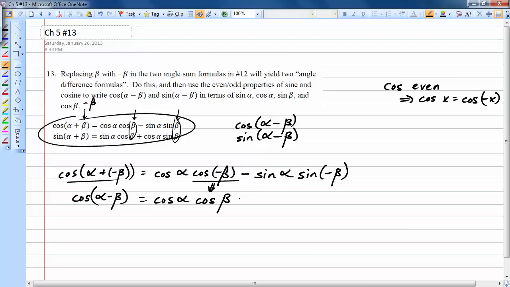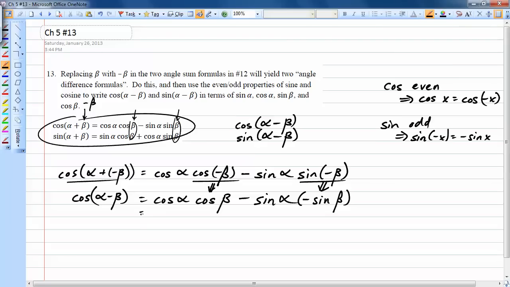Then I've got the minus sign, sine alpha, and sine of negative beta is the same thing as negative sine of regular beta, because remember, sine is an odd function, so sine of negative x is the same as negative sine of x. If I simplify this a little bit, I get cos alpha, cos beta, plus sine alpha, sine beta.